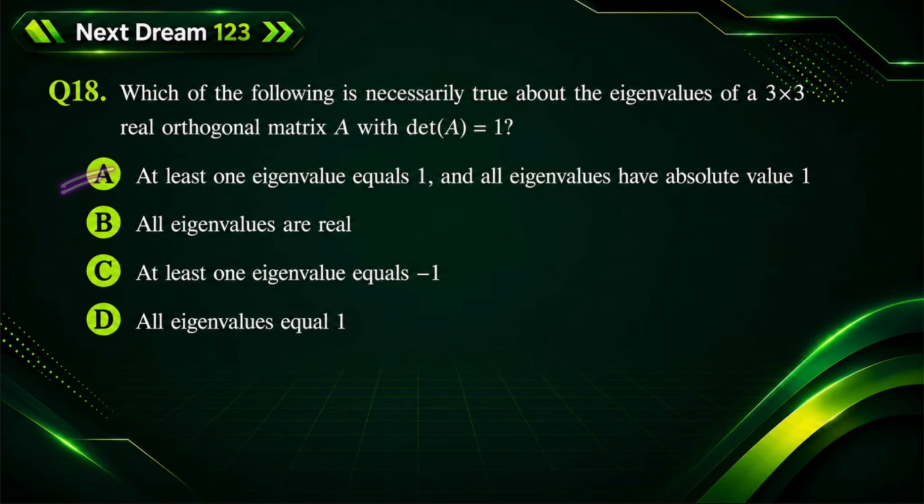Option A, at least one eigenvalue equals 1 and all eigenvalues have absolute value 1. Option B, all eigenvalues are real. Option C, at least one eigenvalue equals minus 1. And option D, all eigenvalues equal to 1. These are the options given.